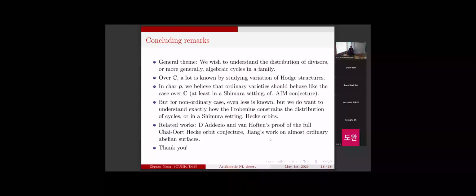And this simplifies things a lot. In general, locally, your Newton stratum will be a product of the central leaf and something called an isogeny leaf. And we do not know what to conjecture in that case.